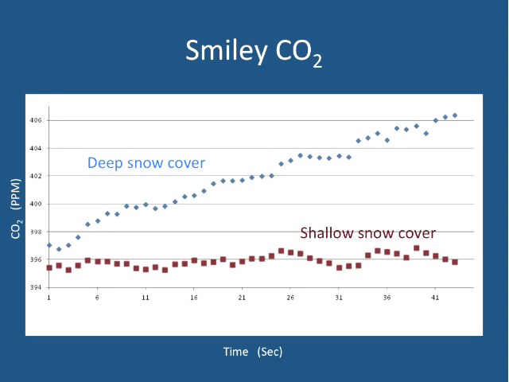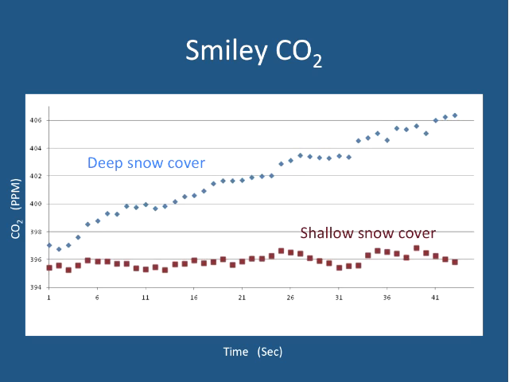Now this is a graph from the smiley plots, and very simply put, it's indicating that the tundra has a natural tendency to give off carbon dioxide during the winter, which is extremely understandable.